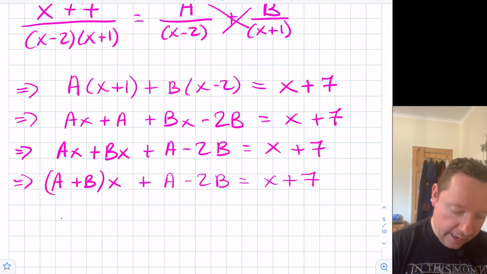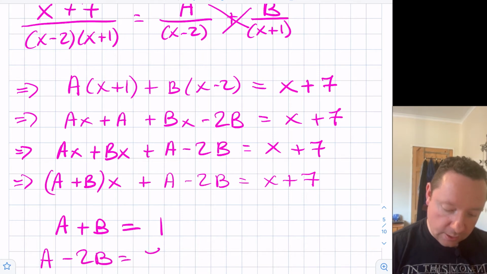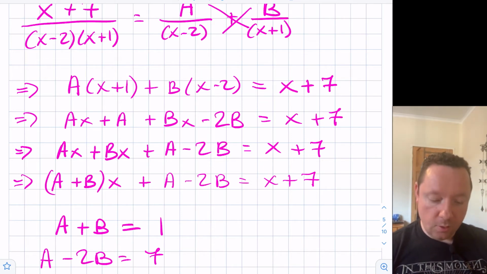So a plus b must equal 1 because the coefficient of x here is 1. And similarly, I get a minus 2b must equal 7 because that's our numerical part. So we can now solve a couple of equations.